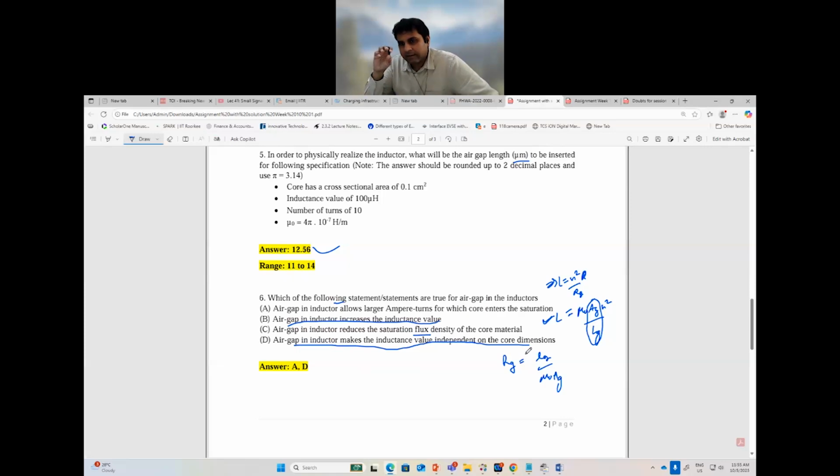That means the Ag value and the Lg value will be determined only when you insert the core and have some air gap in between. So to determine this Lg and Ag value, you are introducing the core in the inductor. So the answer is A and D.